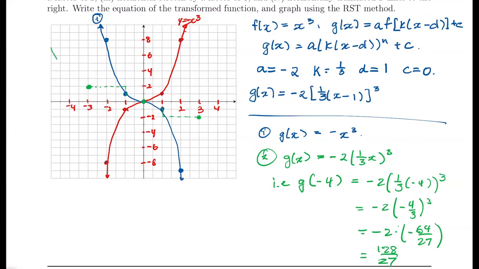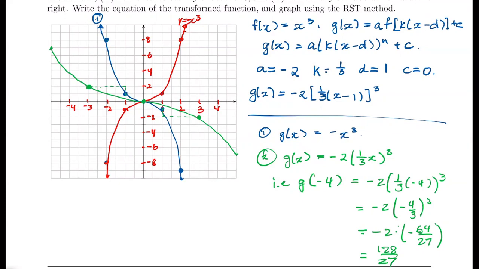So the second graph would actually look something like this, if I try my best to sketch it like that. Something like that. It doesn't have to be that exact, but at least we could show the transformations a little.